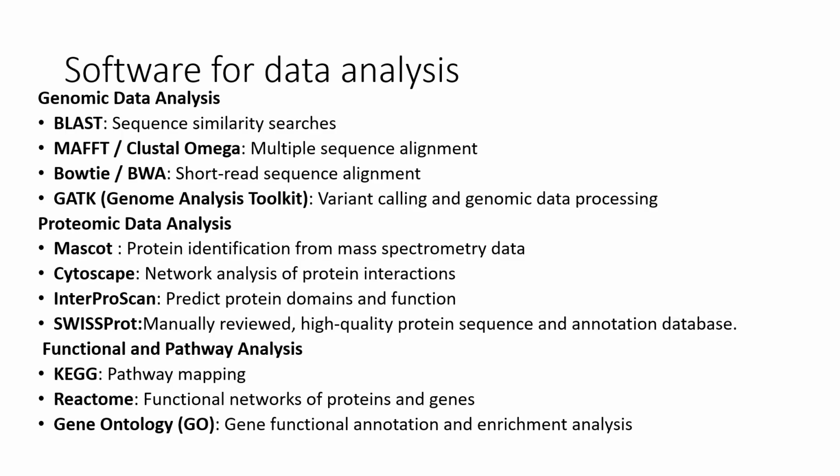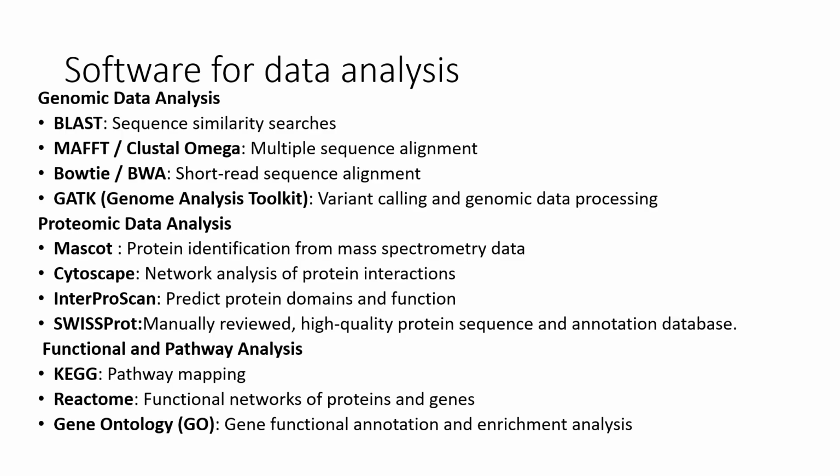How proteins interact with each other and how that interaction affects the full cellular environment is studied under Cytoscape. InterProScan is used to predict protein domains and functions: which domains are active, which domains are hidden, and how the orientation of protein domains affects their functions is studied under InterProScan. Swiss-Prot is another important software for manually reviewed, high quality protein sequences and annotation databases.